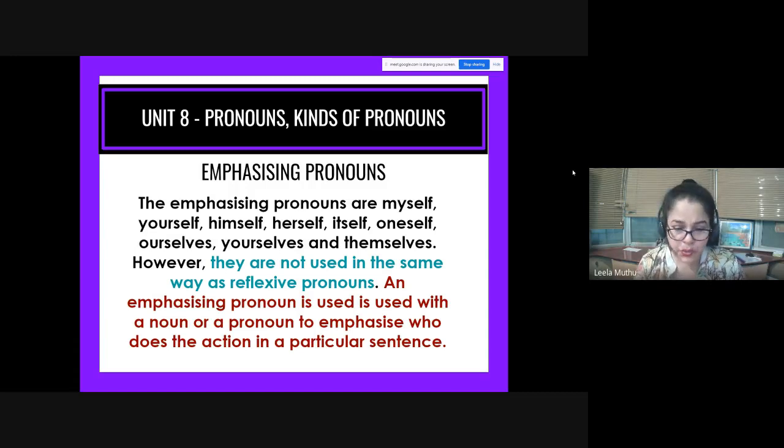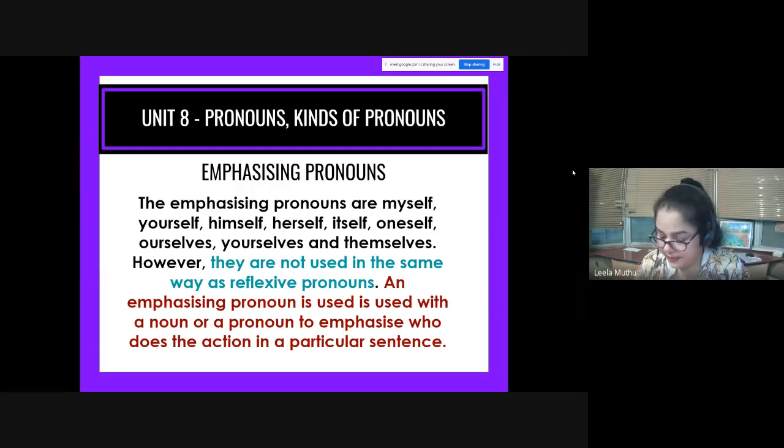An emphasizing pronoun is used with a noun or a pronoun to emphasize who is doing the action in a particular sentence.